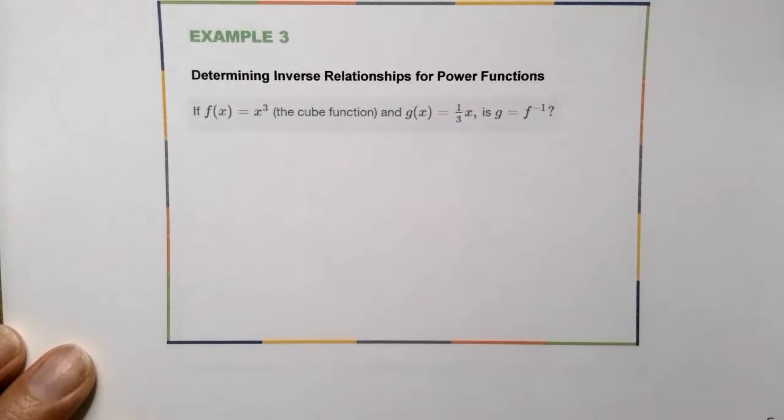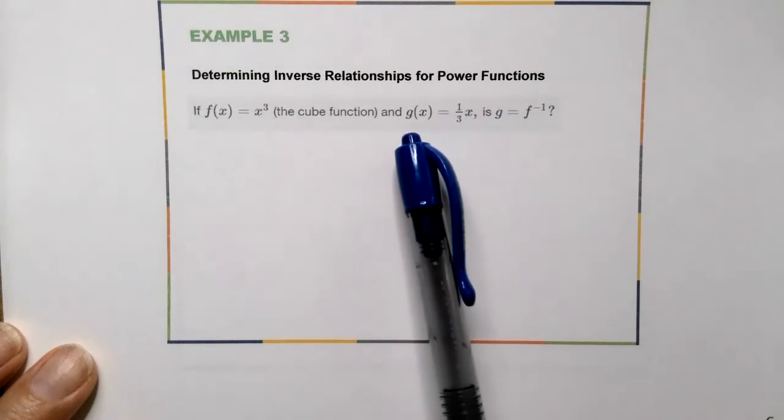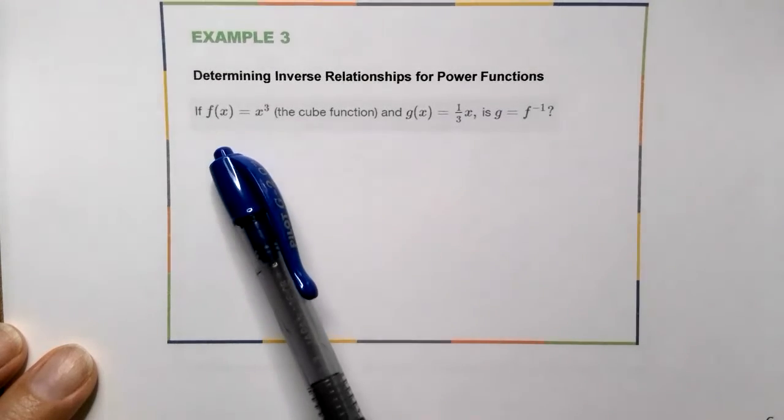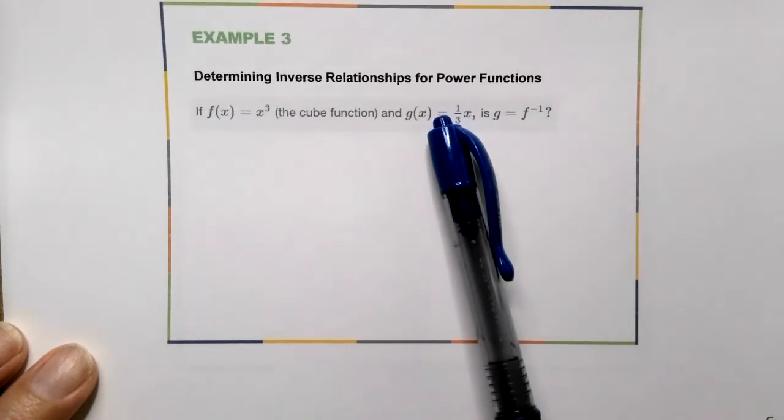Which says determine inverse relationship for power function. So if f of x equals x cubed, the cube function, and g of x is 1/3 x, is g an inverse of f? Let's see. I think it's easier for me to put f inside of g.